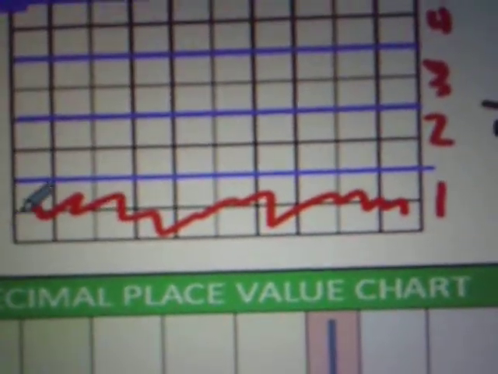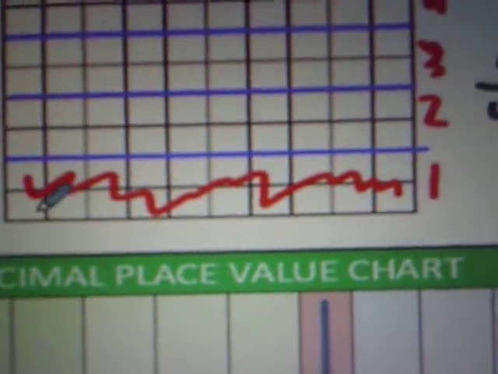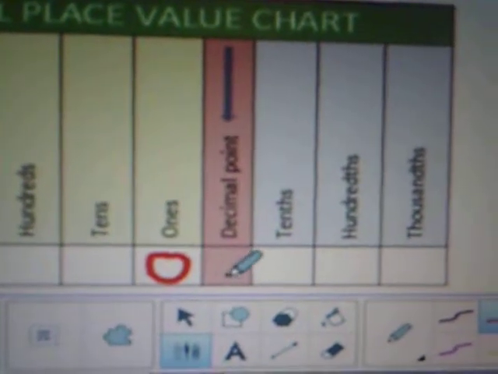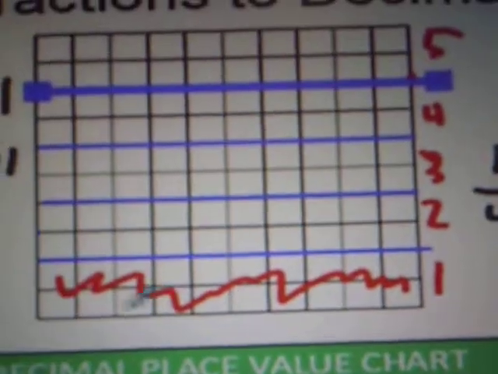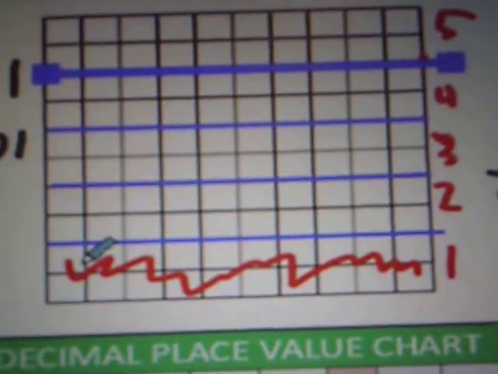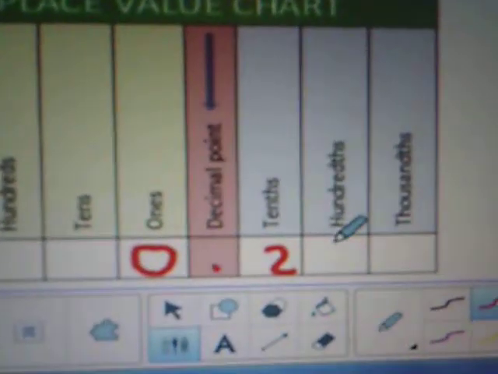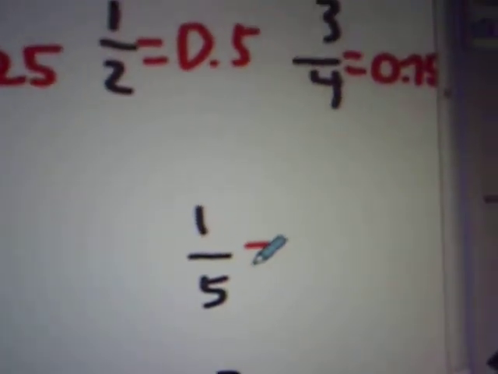If you count, you'll notice there's 20 hundredths, or 0.2, 2/10, if you're counting in the rows, 1/10, 2/10, or if you're counting each little square individually, 20 hundredths. So 1/5 in decimal form is 0.2.